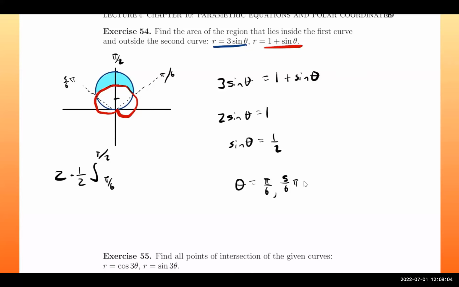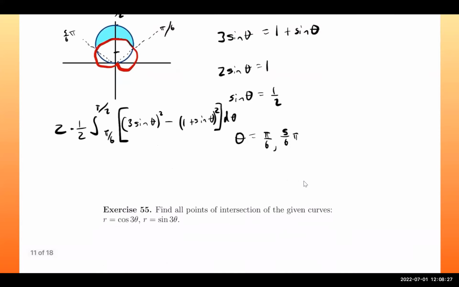So the formula says 1/2 r squared. For r squared, you have to do the top function minus the bottom function. The top function is this one, so it's going to be (3 sine theta) squared minus the bottom function, which is the cardioid, (1 plus sine theta) squared, all with respect to theta.